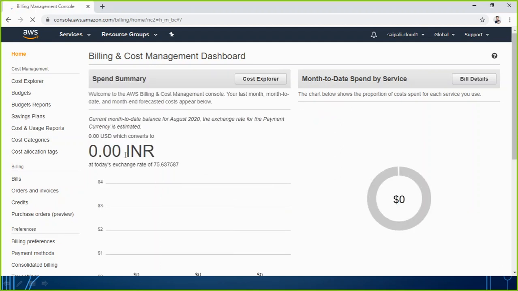Right now, the total bill is 000 INR, Indian rupees. Once I start using the services and keep running for more than the free hours which I have got, obviously you will be able to see here the bill amount, how much the total bill is for using the service.